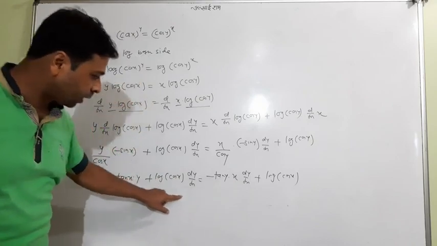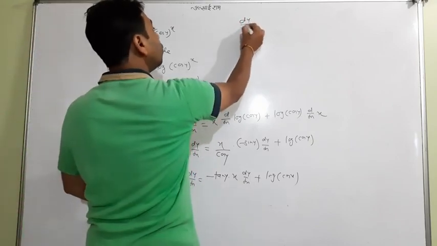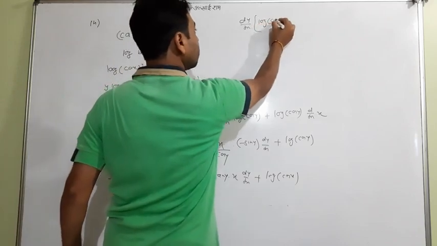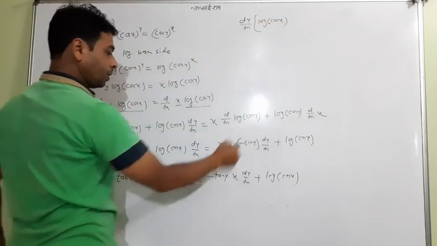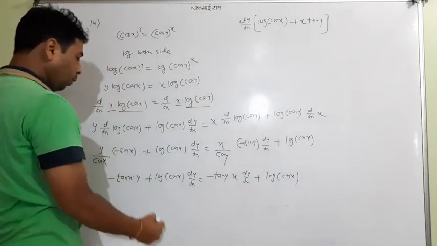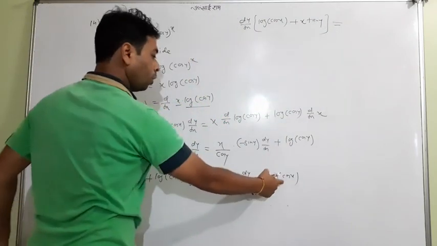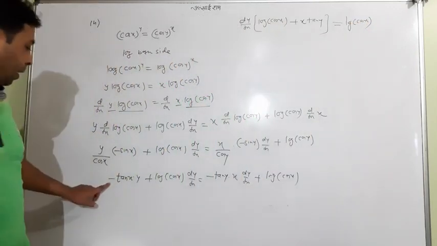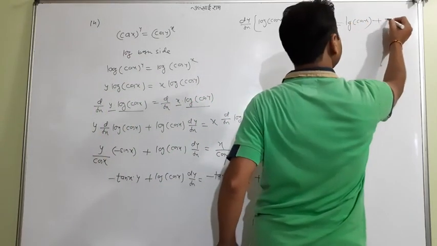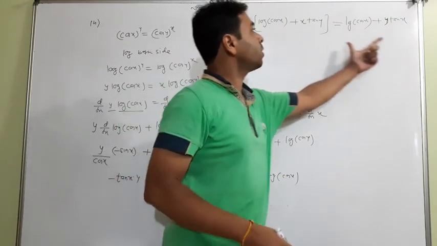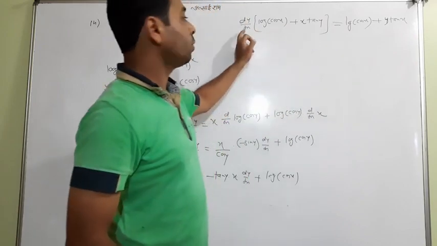After transferring dy by dx here, what will remain? Log cos x plus tan x tan y equals log cos x plus y tan x, and the rest I am not doing now because the whole term will transfer upon this, and this is your dy by dx.